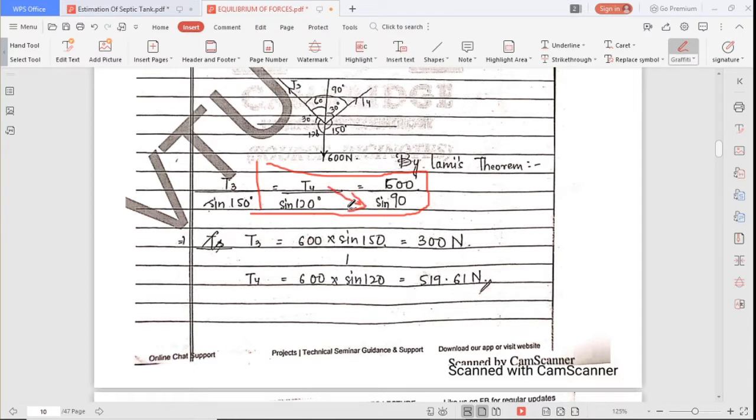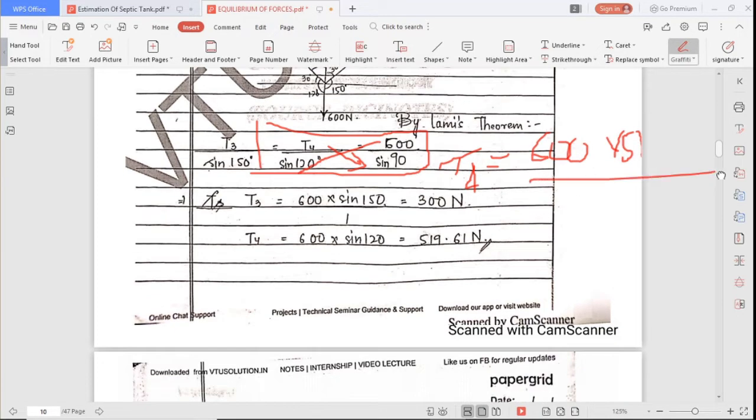So T4 into sine 90 equals 600 into sine 120. When we cross multiply, we get T4 equal to 600 into sine 120 divided by sine 90.